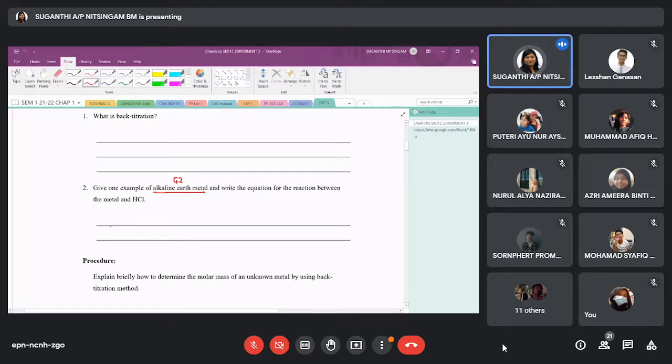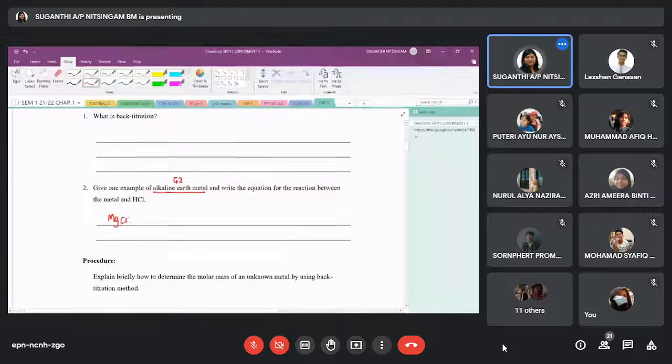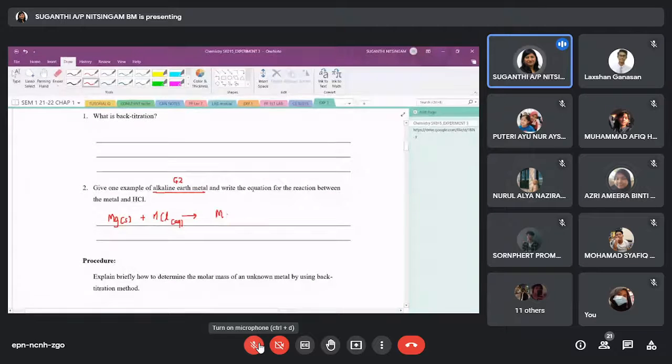Potassium is kalium, and kalium is group 1. Alkaline earth metals are group 2. So what we usually use in the reaction is magnesium because it's cheap and easy. It's reactive. So when magnesium reacts with HCl, what do you get? Magnesium chloride and hydrogen. So what's the formula for magnesium chloride?